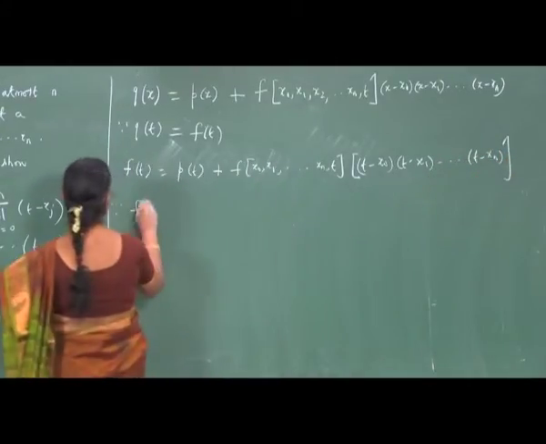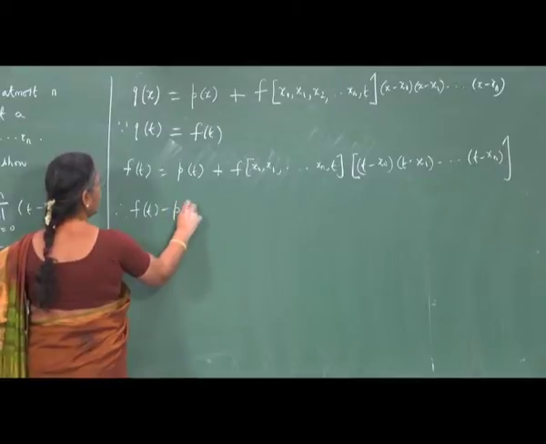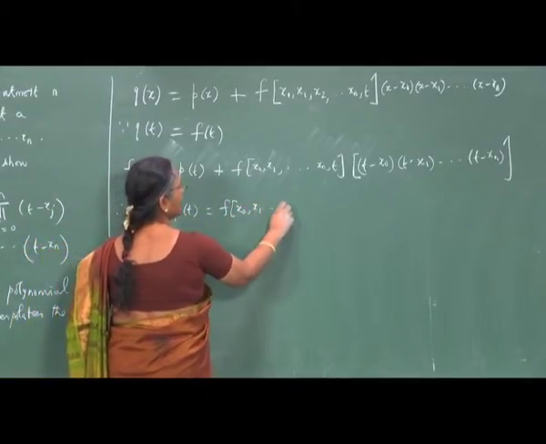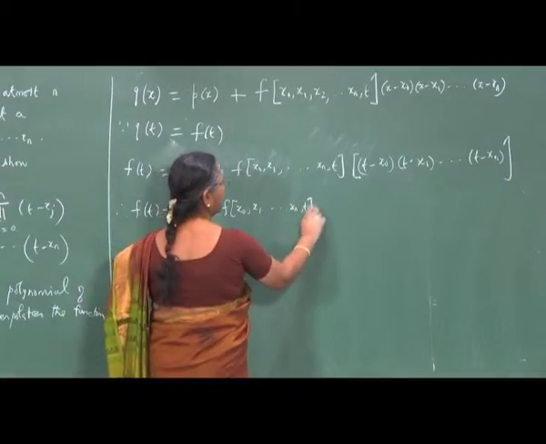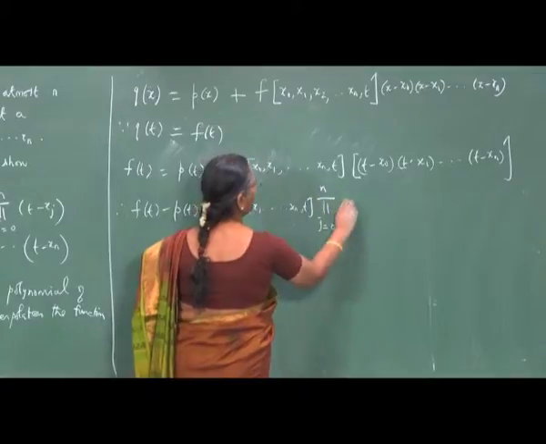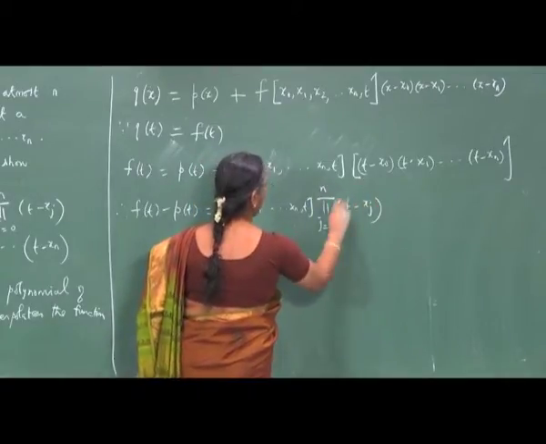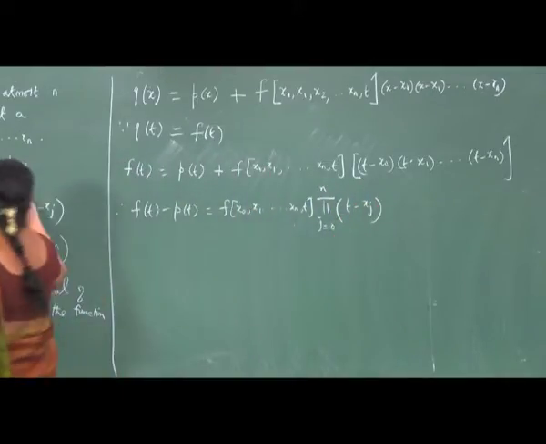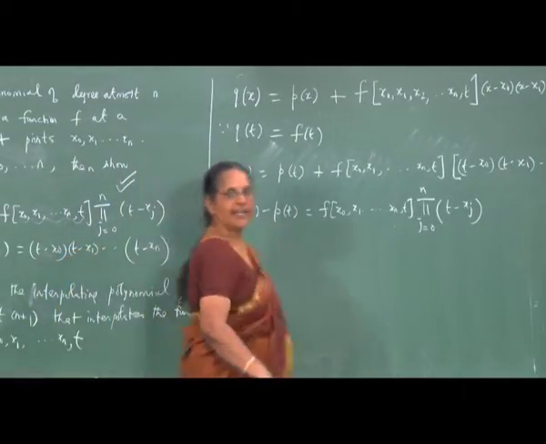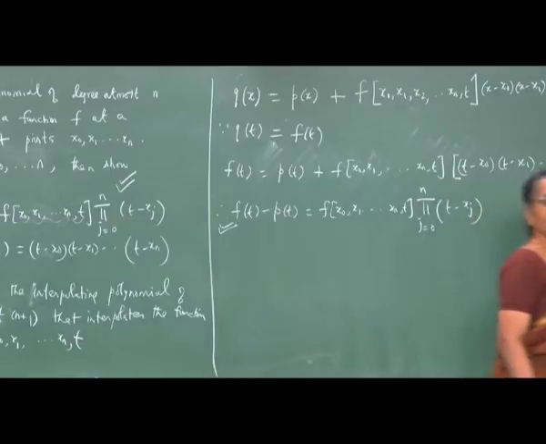Therefore, we have f of t minus p of t equal to f of x0, x1, etc., xn, t into the product, j equal to 0 to n, of t minus xj, and that is what we have to show here. So, this gives you the error in interpolation in terms of the divided differences.